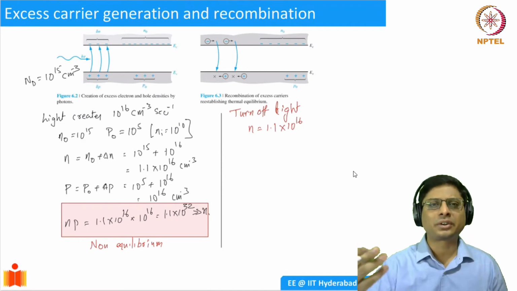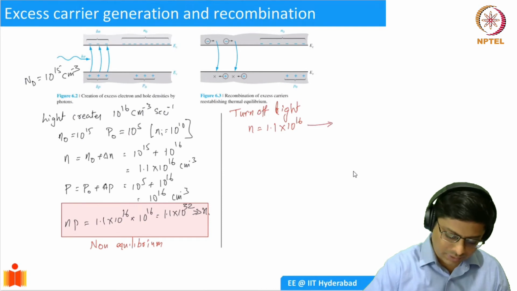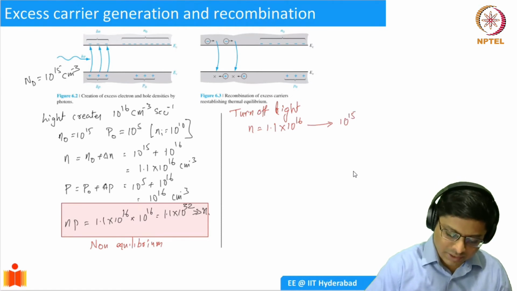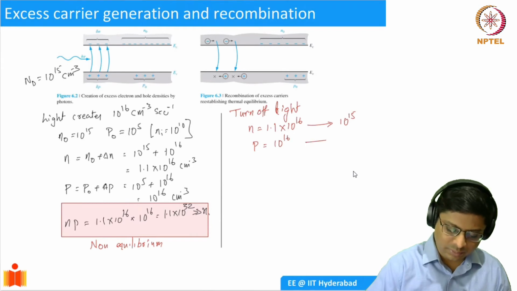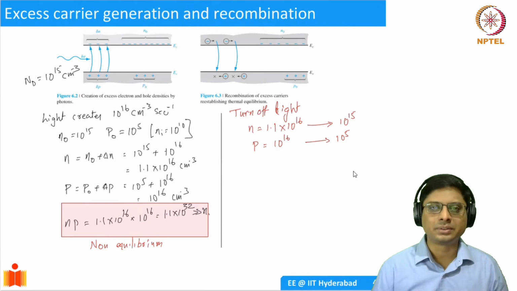Because the excess electron hole pairs will recombine. So this becomes 10 power 15, the equilibrium value. And similarly, P started out with 10 power 16, and that should become 10 power 5. So it should go back to equilibrium.